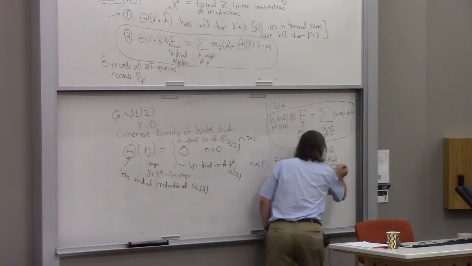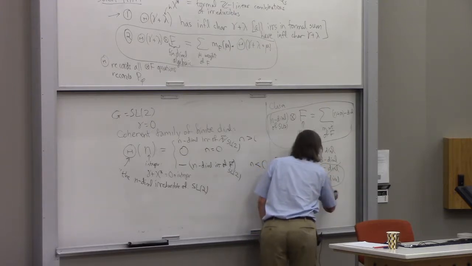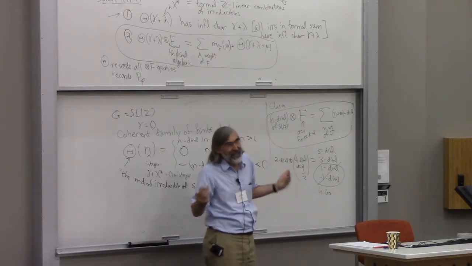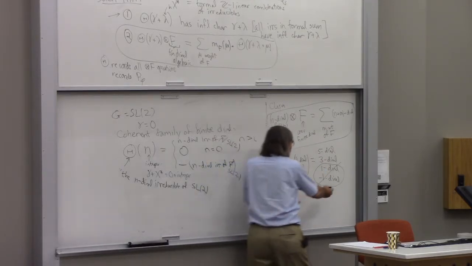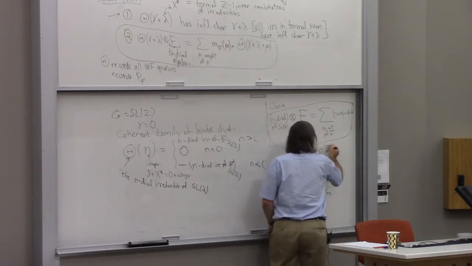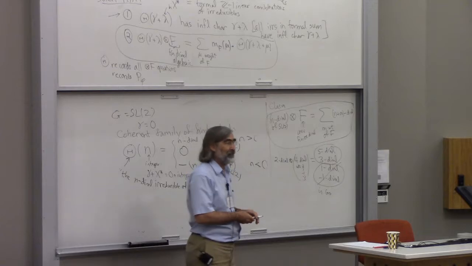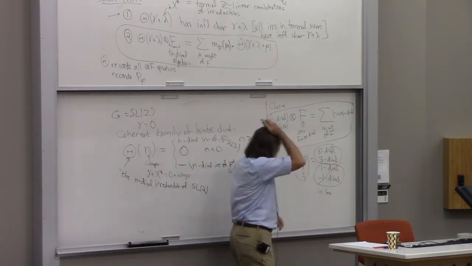And these two terms cancel in the Grothendieck group. What this minus one-dimensional means is the negative of the one-dimensional, and so they go away, and you're just left with 5 plus 3, which is the right answer for tensoring in SL2.